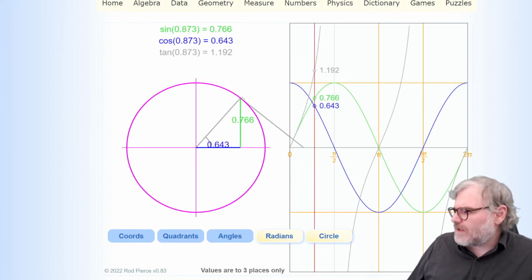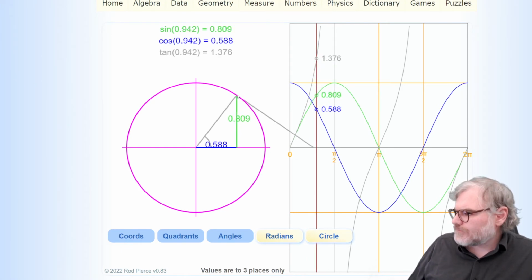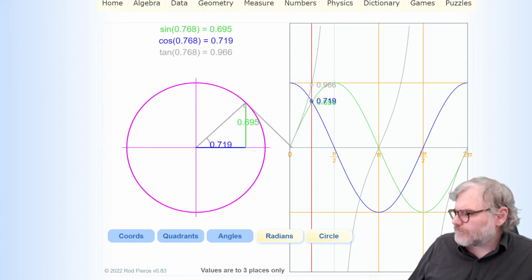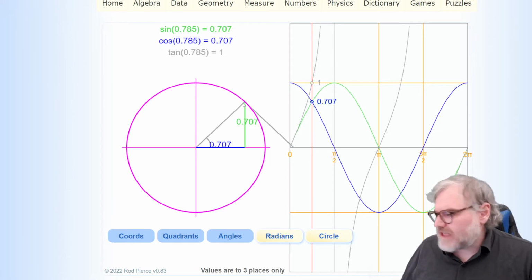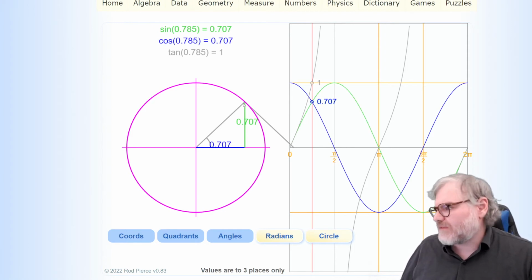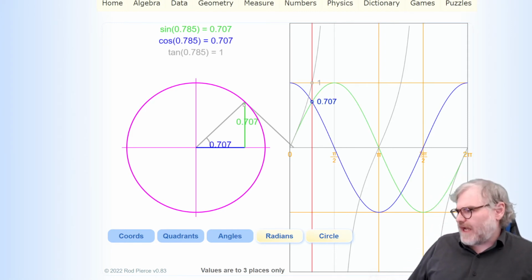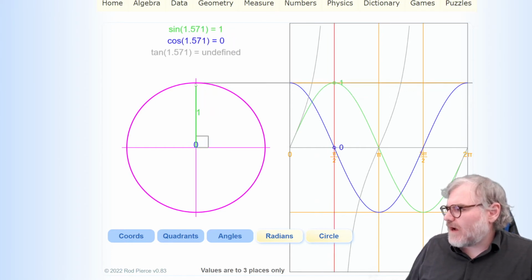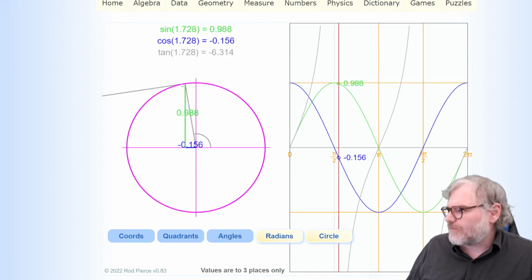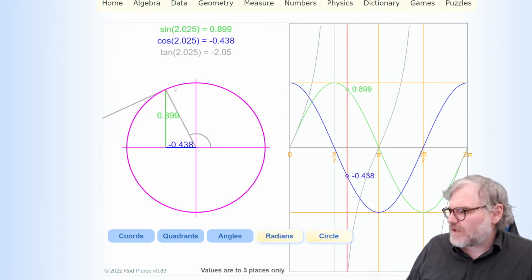If I run pi over 4, my eastiness is 0.707 and my northiness is 0.707, which is the square root of 1/2. Likewise here, when I run here, my northiness is now 1 and my eastiness is 0. And so on and so forth.